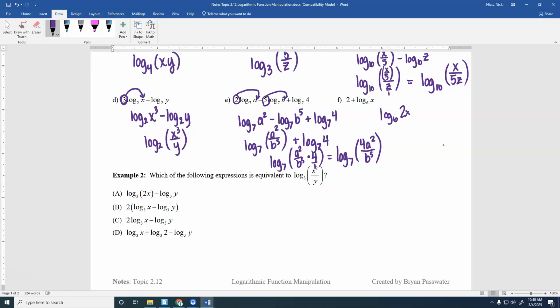I cannot, because this first one did not have a log. So he's putting this one here to remind us that you can't always simplify things, right? So you would just have 2 plus log base 6 of x. Like, you can't do anything to it.